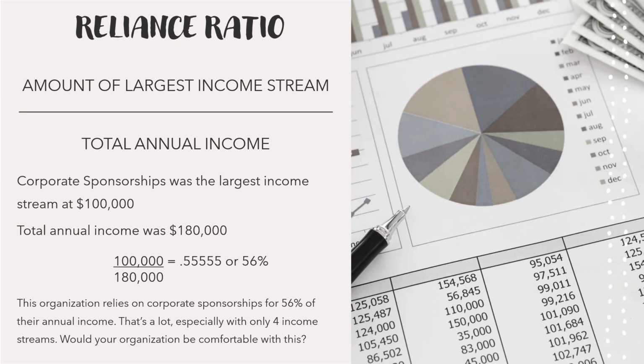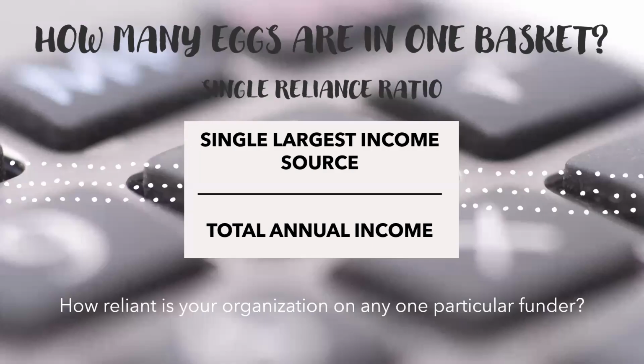And how steady is that? How comfortable do we feel? 56% is large, but how comfortable are we with the amount of corporate sponsorships we're bringing in, and that we can be consistent there? So right now we're dealing with the analysis part of this, and we'll deal with risk later on.